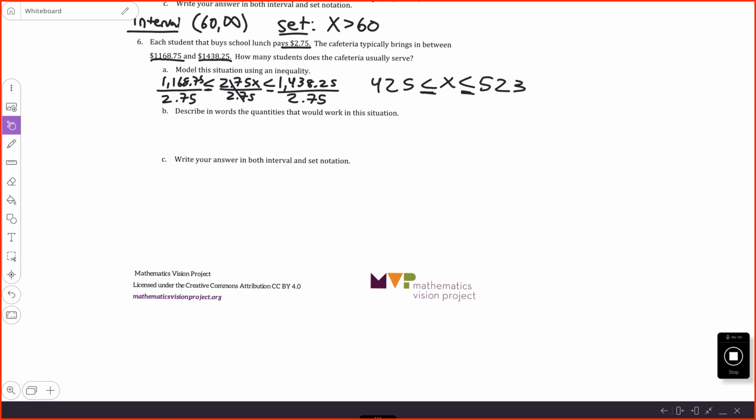So describing the situation in words, the cafeteria serves between 425 and 523 students.